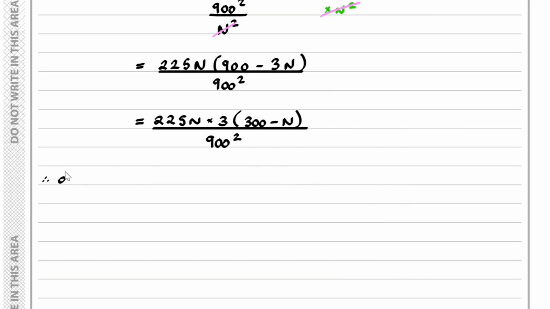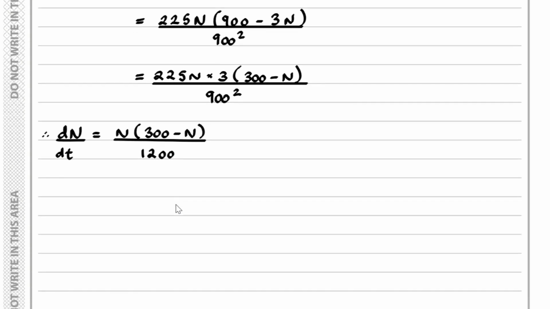So therefore, dn over dt is equal to n multiplied by 300 minus n over 1200. So that's what dn over dt is.